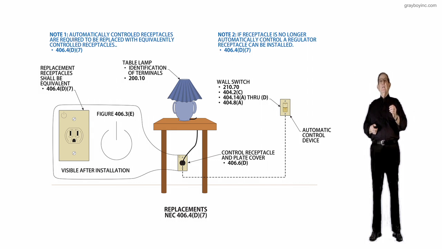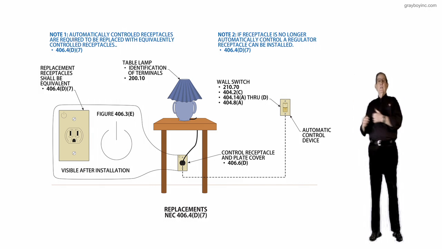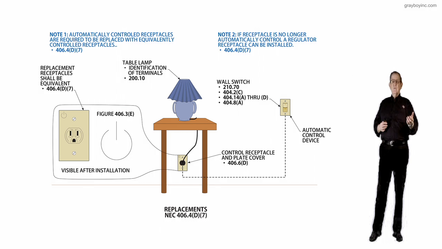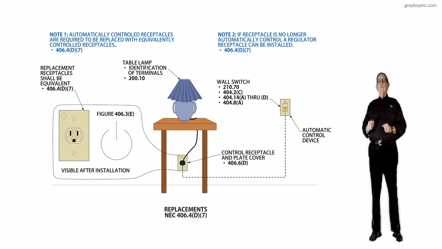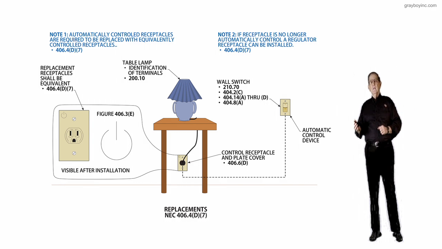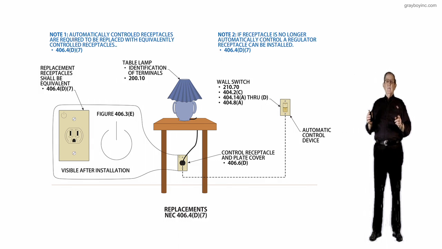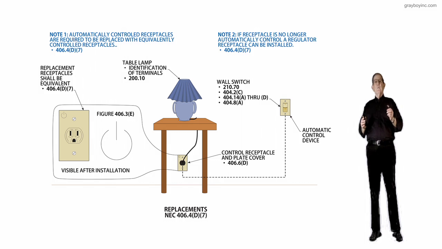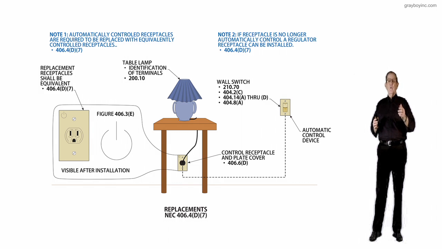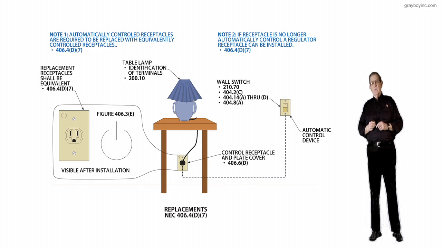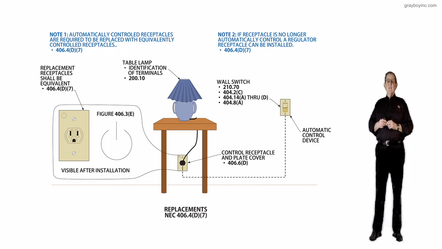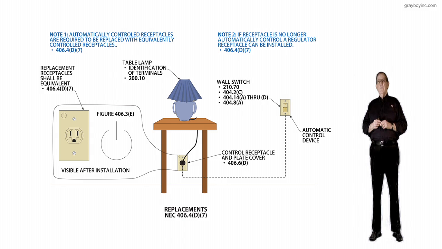And we know that 70B 24.3 refers you over to 406 for switching, and it also refers you over to 404 for your receptacles. Or excuse me, I just got that backwards. 24.3 would refer you to 406 for receptacles and 404 for switches when you're replacing one-for-one, for example.